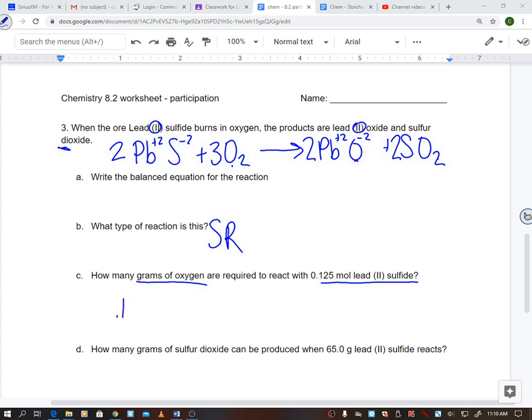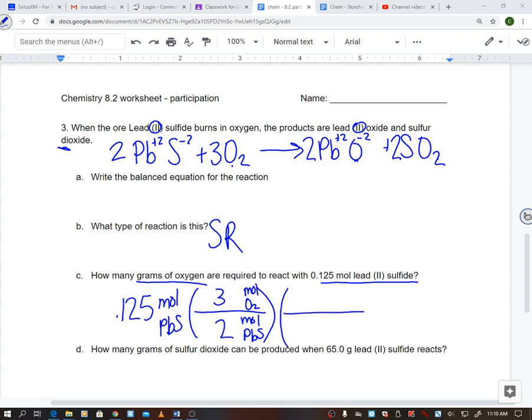So I'm going to go 0.125 moles of PbS. Now, if you do that mole to mole, moles of your first to moles of your new, number 2, and that's just oxygen, right? Mole to mole, use your equation. Oxygen is 3, PbS is 2.